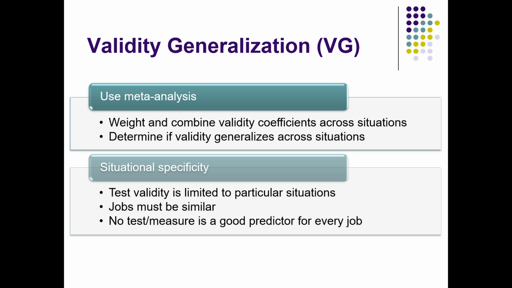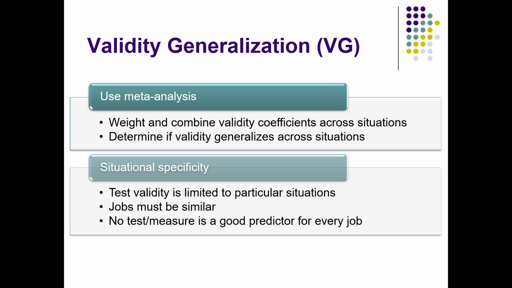And remember, we talked about how it has to start off with job analysis. So it makes a lot of sense that our validity generalization is really only going to extend to the kinds of jobs that have similar kinds of tasks, similar job duties, stuff like that. No one test or measure is a good predictor for every job.